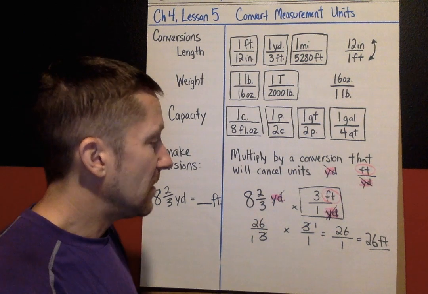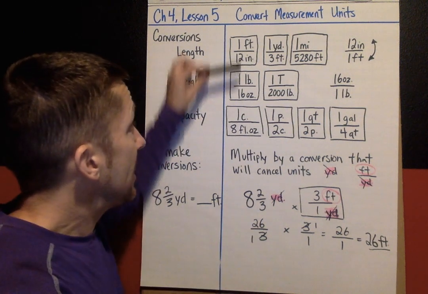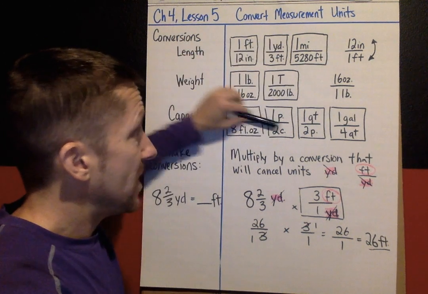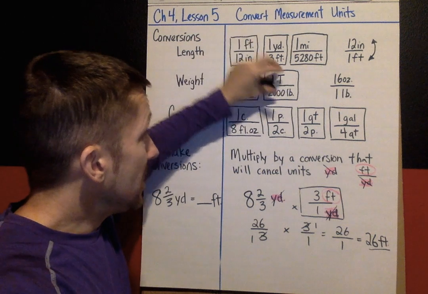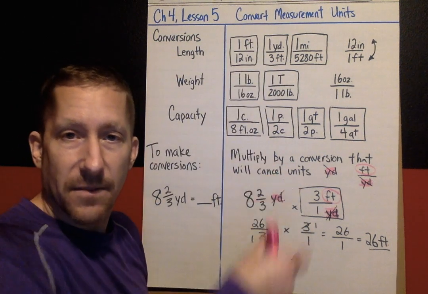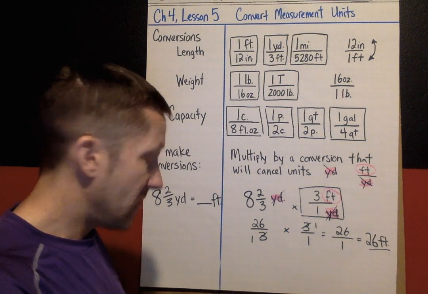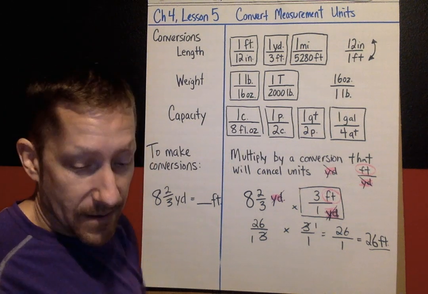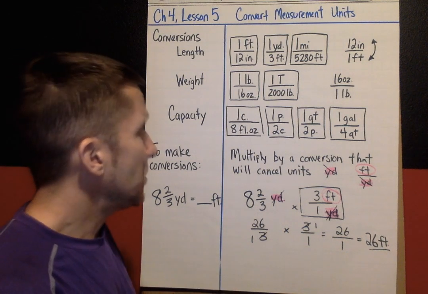So really follow the units today. That's my biggest hint. These are all your conversions right here, and you can use these conversions as well as the flip, depending on what you're trying to convert to and what you're trying to find. All right, that does it for converting measurement units.